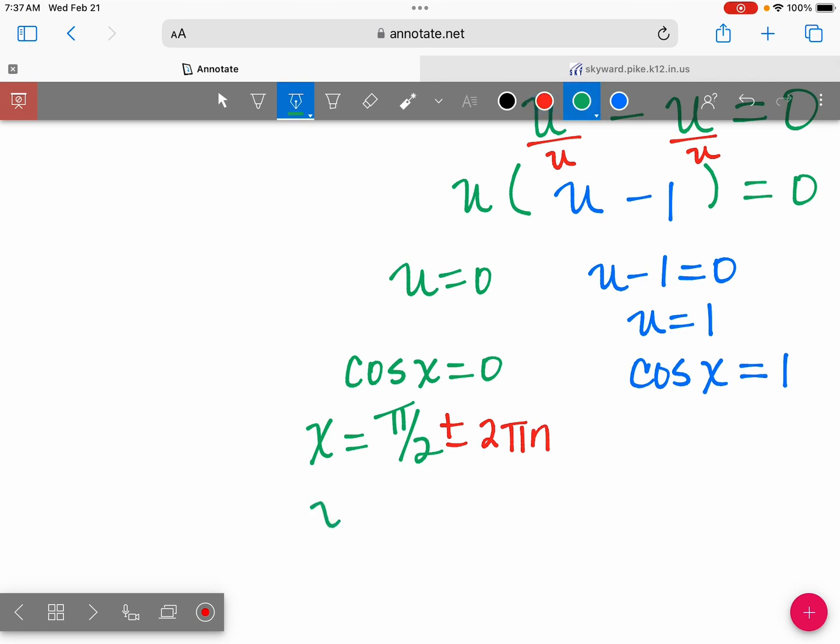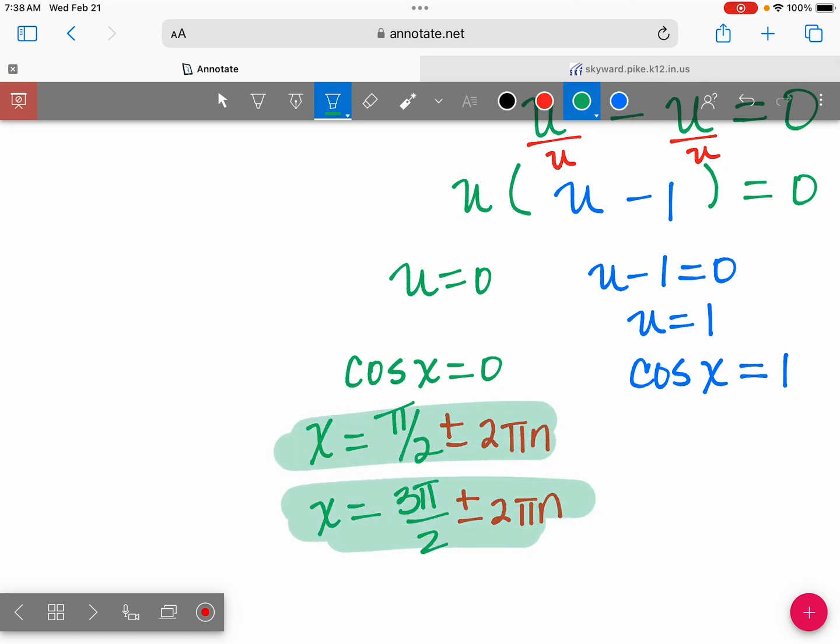And then what's the other place where cosine is 0? So we got 3 pi over 2. Add that plus minus 2 pi n. So these are my first two solutions. So I'm just adding that plus minus 2 pi n.